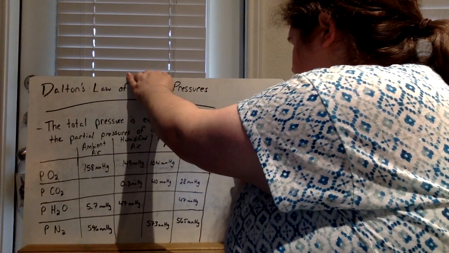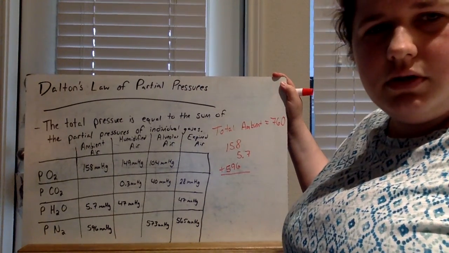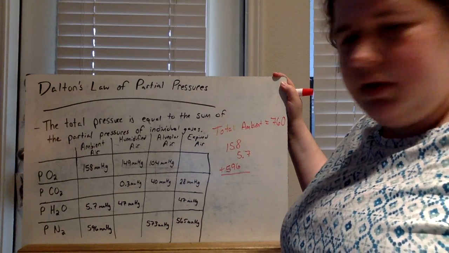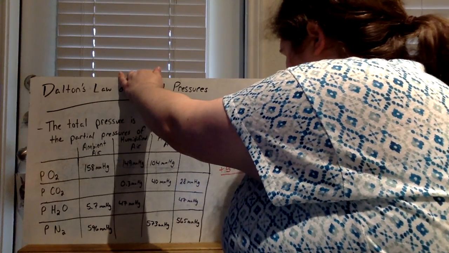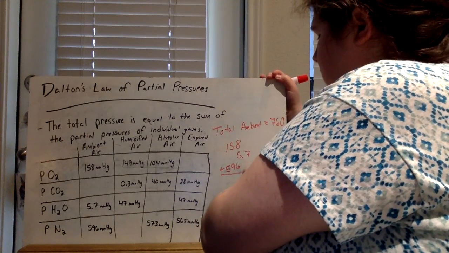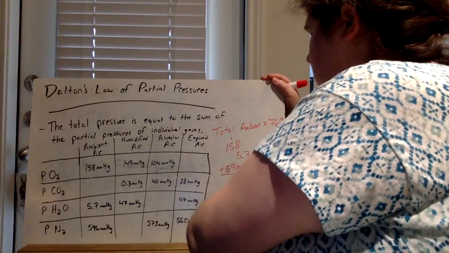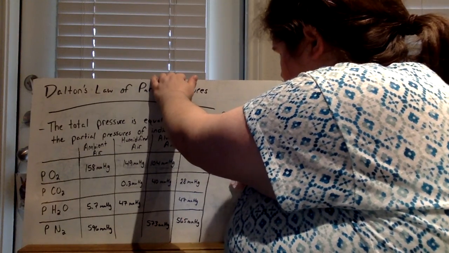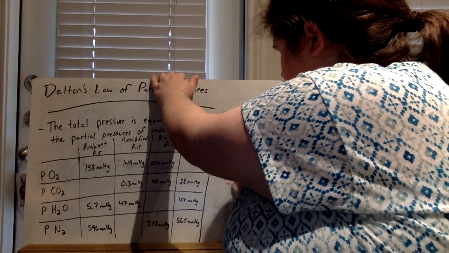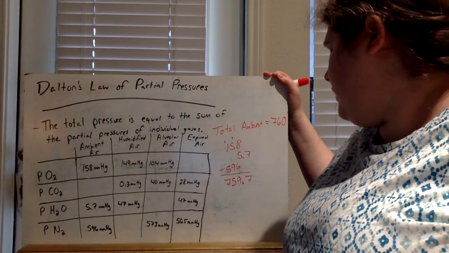I'm making sure to line up all of my decimal places where they're supposed to go so that they're a little bit easier to add. Okay, so when I add this up, I'm going to get, let's see, 8 plus 5 is 13, plus another 6 is 19, that's 15, and 7. Okay, so my total is 759.7.